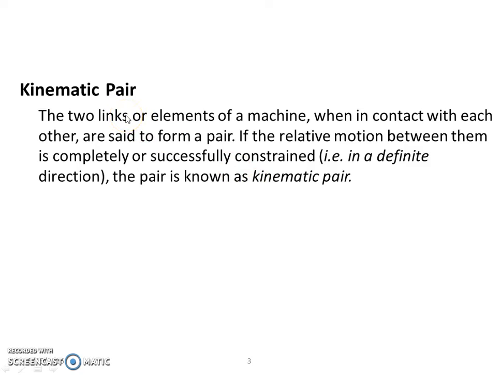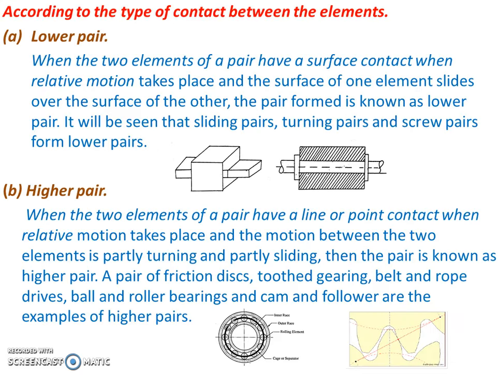A kinematic pair is one in which two links or elements of a machine contact each other and have a relative motion which is completely or successfully constrained. So if two links are connected with each other and there is a relative motion, then it is called a kinematic pair.